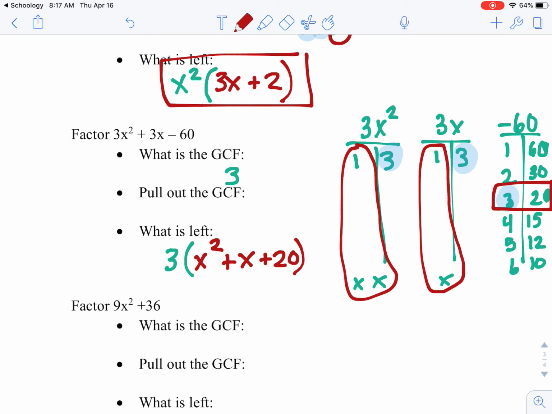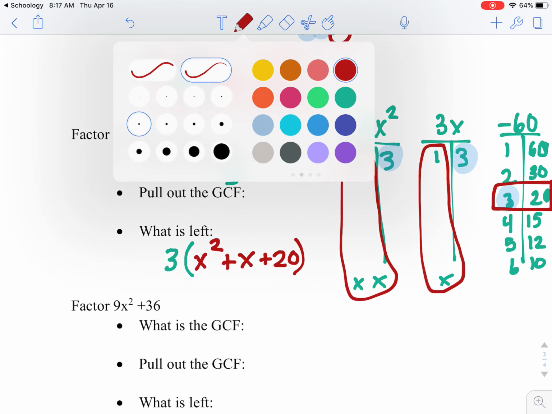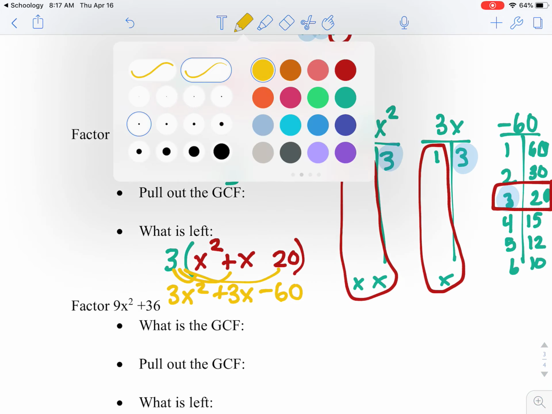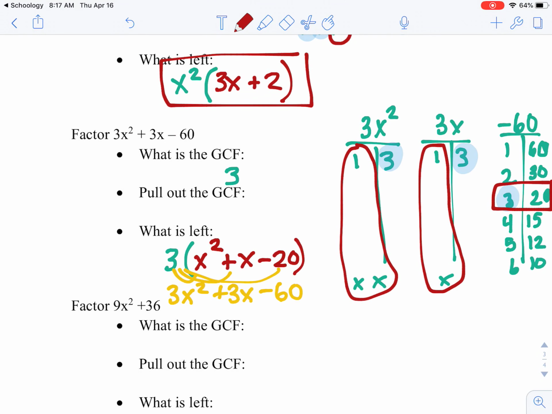Now, to check to see if I did this right, what you could do is you would distribute. So we would end up with 3x squared plus 3x plus 60. Oops, and I can tell I made a mistake here, which we're going to erase, right? Because I need this to be minus 60. So I need to have minus 20 as my answer.